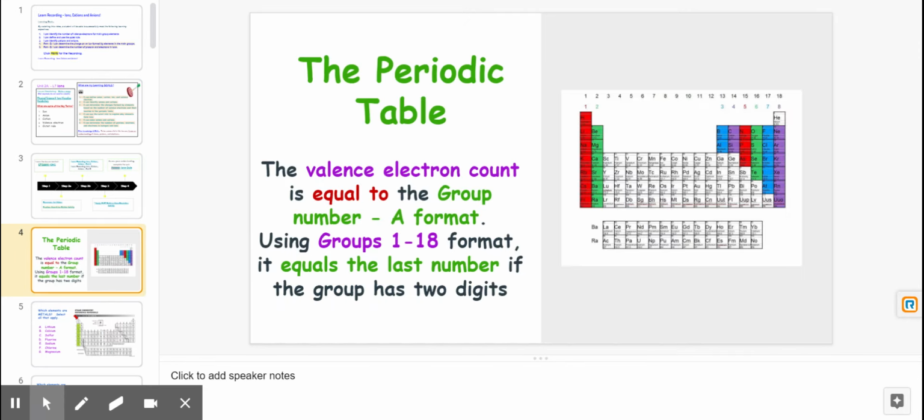There are some points in the Part A recording that are essential for this recording. I'm not going to go over them in this recording, just to keep the length shorter, but just to remind you: for the periodic table, we need to understand how group numbers are used to determine the valence electron number.